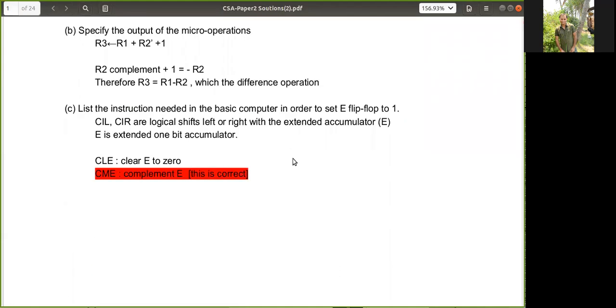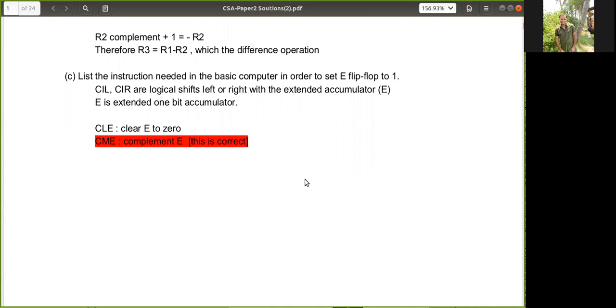This is the instruction needed in the basic computer in order to set the E flip-flop to 1. So what is the E flip-flop? Basically, a flip-flop is a basic unit where we can store a single bit. In case of the E flip-flop, we basically have two operations, CIL and CIR, which mean logical shift to left or right.